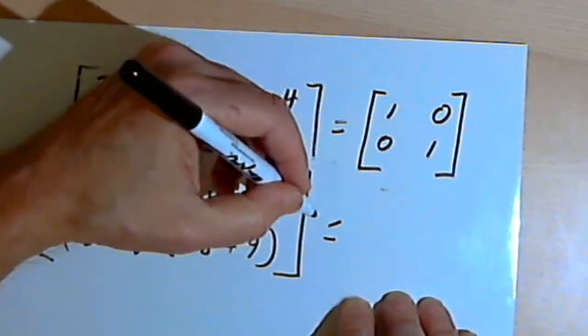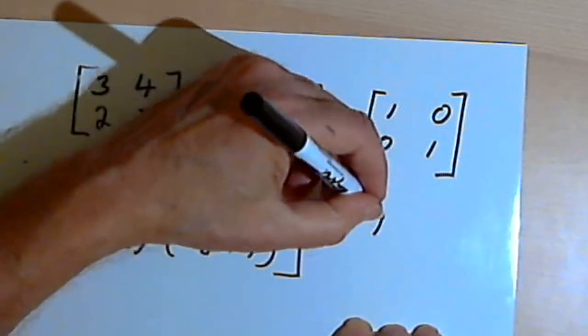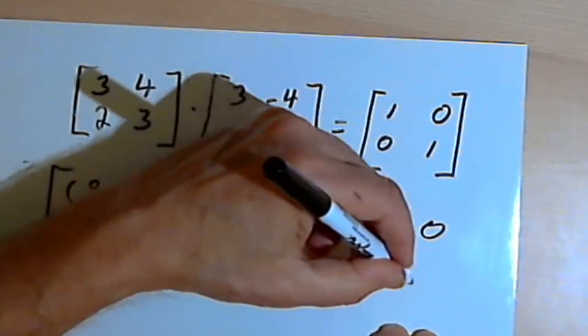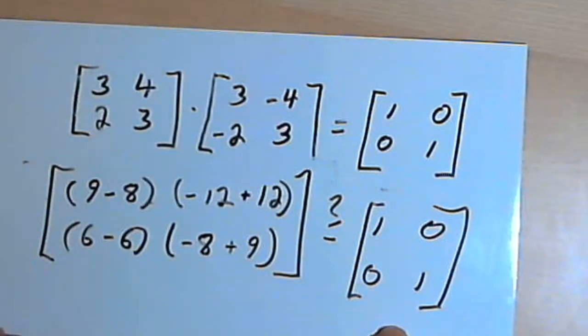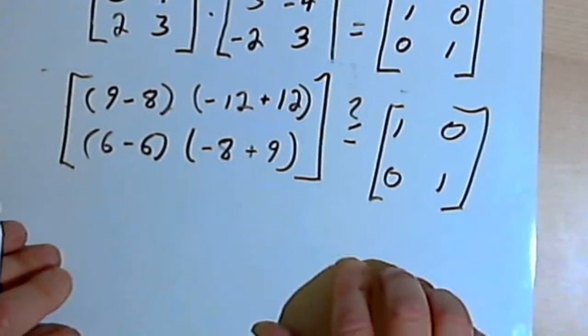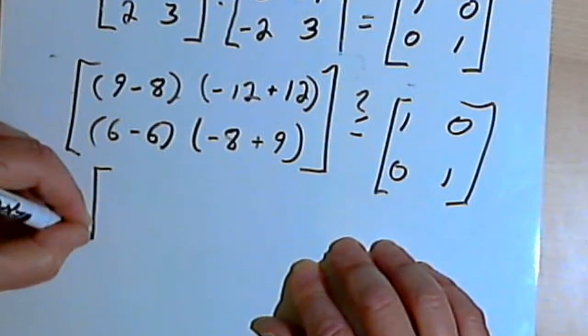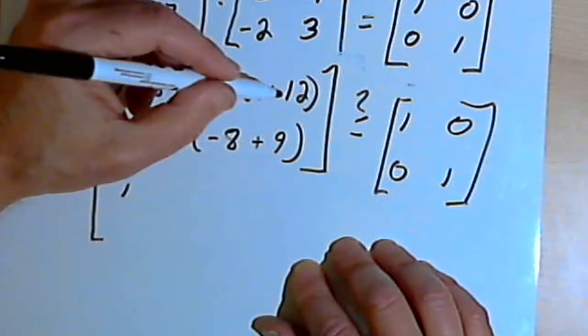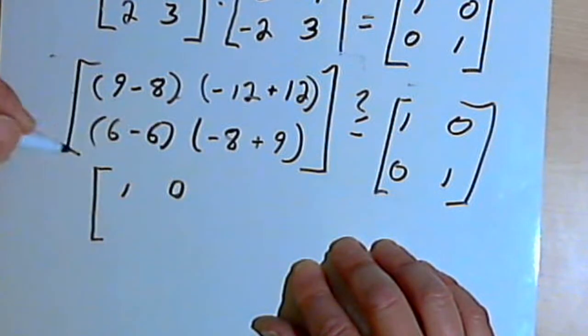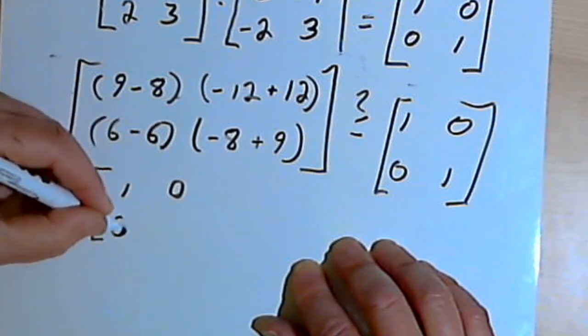And that's all supposed to equal the identity matrix. I'm going to put a question mark over the equal sign until I'm sure it works. And then let's see. So 9 minus 8 is 1. Negative 12 plus 12 is 0. 6 minus 6 is 0.